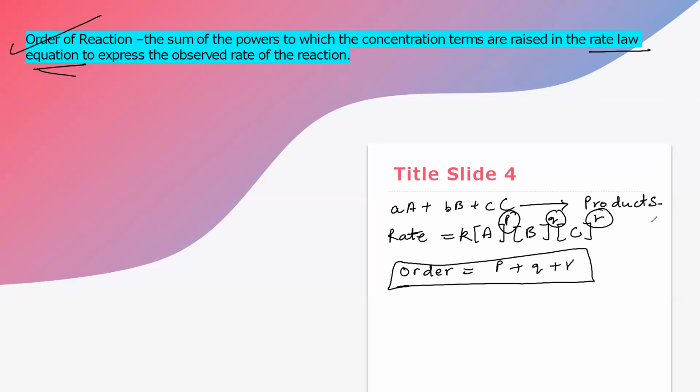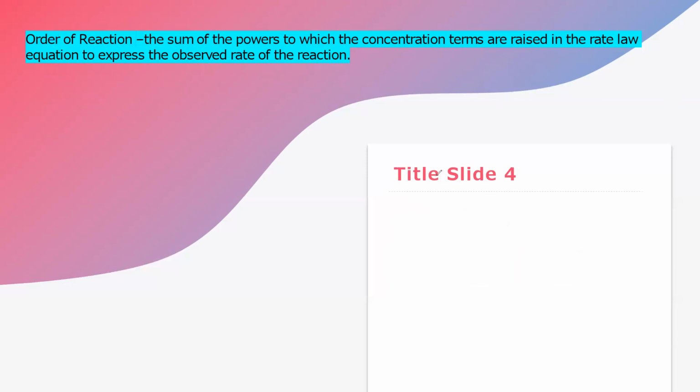Okay. Now let us do some examples. So these are not hypothetical examples. Suppose you have N2O5 giving rise to NO2 plus half O2. So rate is expressed as K and concentration of N2O5.